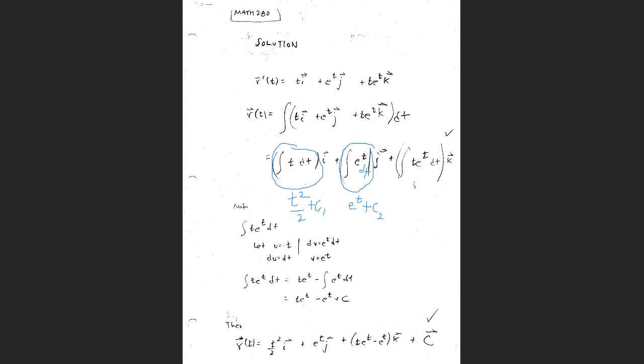And this here, we established, is going to be t times e to the t minus e to the t, plus, say, c3.